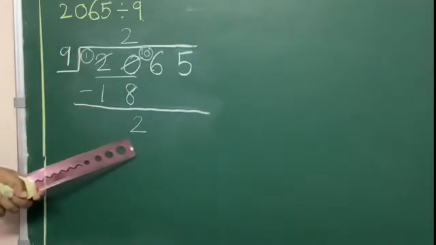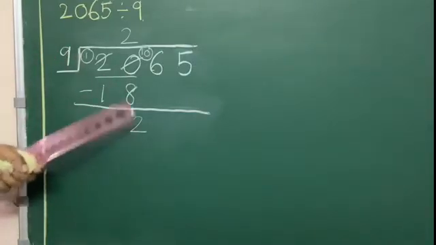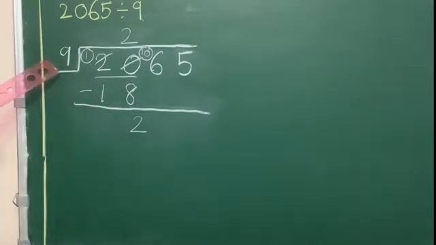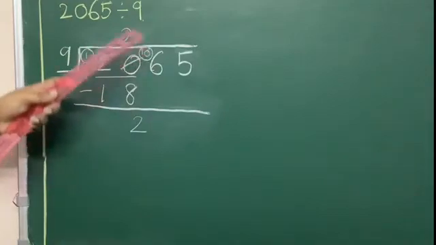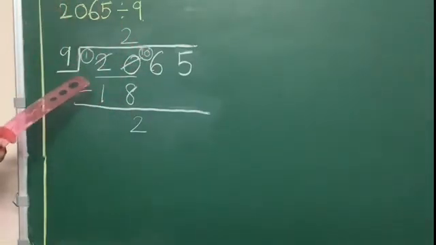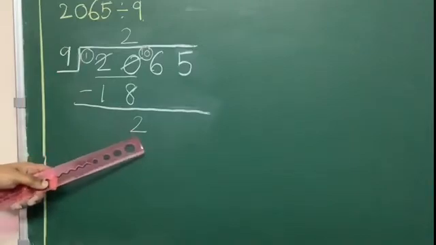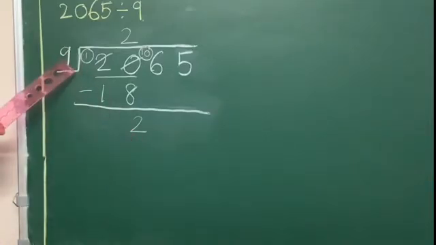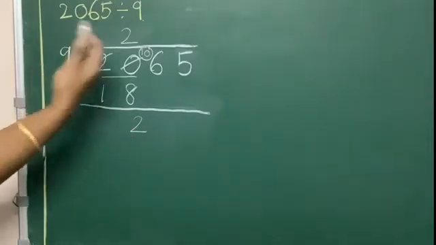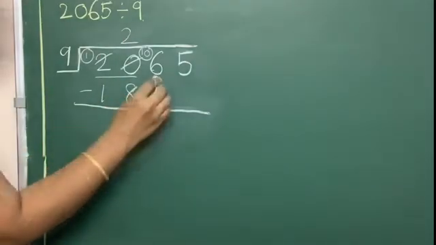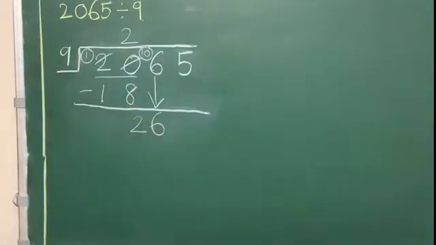Always when you are subtracting, the remainder which you are getting in all the steps should be less than the divisor. If it is greater than the divisor, that means you have done the division somewhere wrong in that particular step. That is the indication for you. So here I got the answer 2, which is less than the divisor, right? Now I can proceed with the next step, that is bringing the next digit down, that is 6.